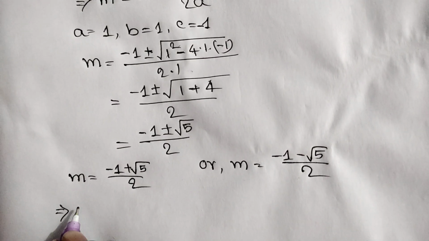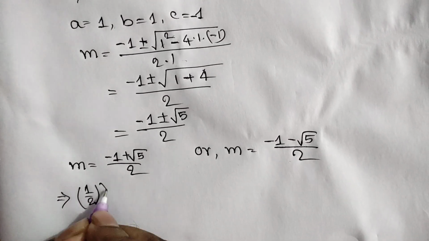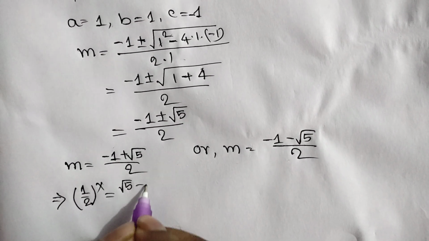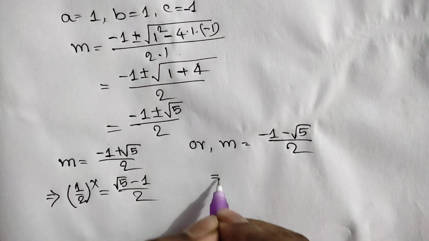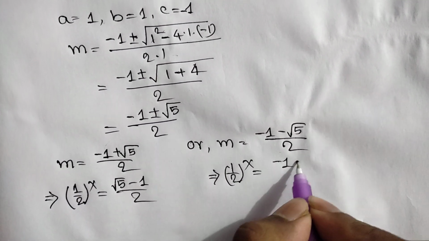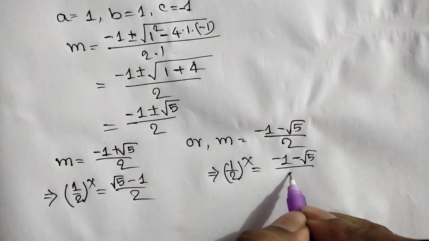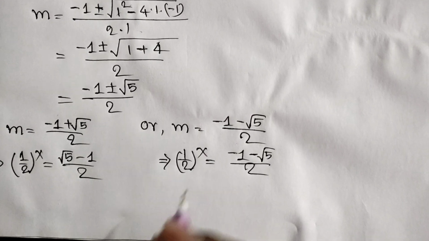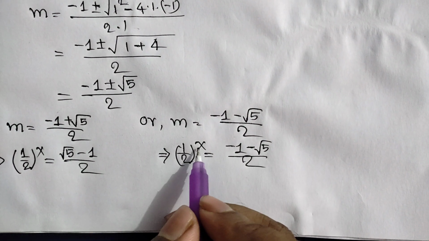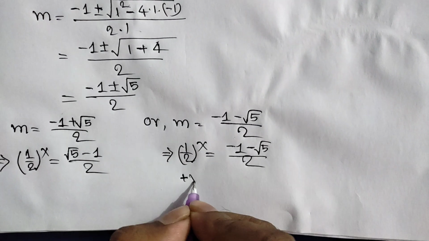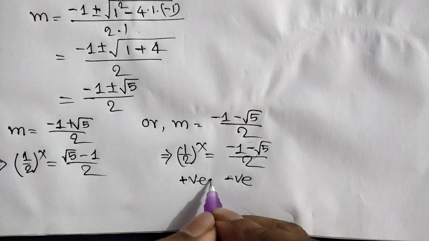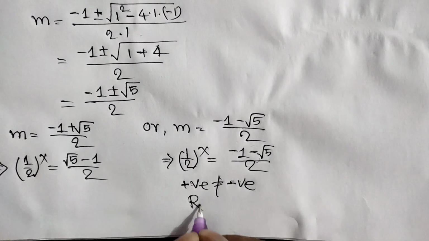So here we can write 1 over 2 whole to the power x is equal to, rearranging it, square root of 5 minus 1 over 2, or 1 over 2 whole to the power x is equal to minus 1 minus square root of 5 over 2. Now attention here: 1 by 2 to the power any number will be positive, but this is a negative number, so positive is not equal to negative, so it will be rejected.